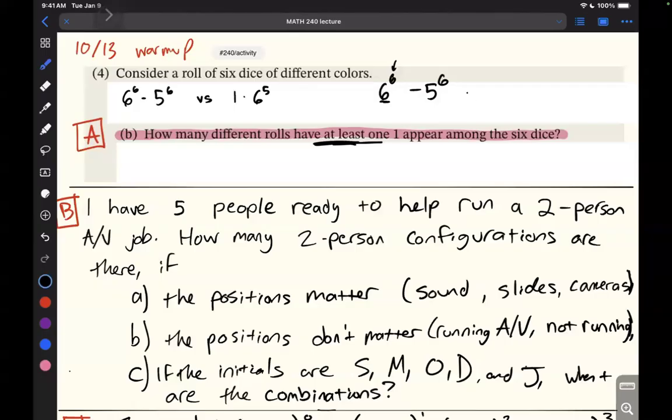And so this captures more accurately all of the possibilities. So for at least one, because there's a possibility that all of them are 1 or that 5 of them are 1. And so this captures that better and more fully than just 1 times 6 to the 5th. Does that make sense? Okay.